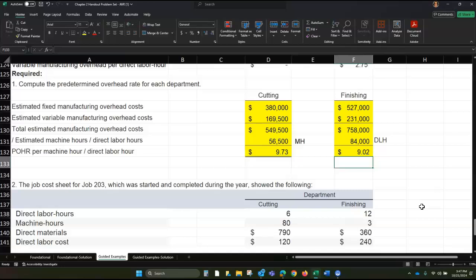So it would be pretty difficult to determine overhead application based on labor hours in the cutting department. But machine hours are much more applicable because one piece of sheet metal might take 2 hours to cut out everything that it needs. Another time, you slide that sheet metal onto the machine and it takes 5 hours to cut out what you need. You with me?